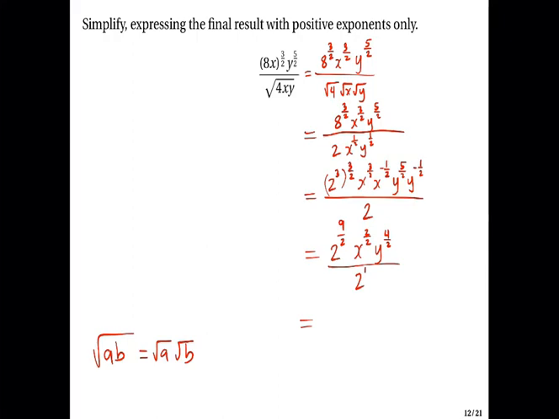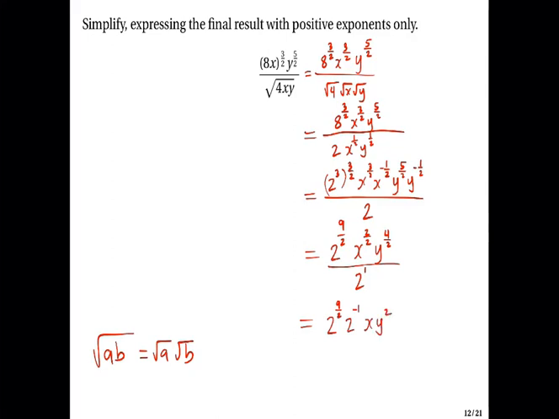So we bring these 2 up there, which means you will get 2 raised to negative 1 here. And then x raised to 2 over 2, that's just x raised to 1. So I'll just put x. Then 4 over 2, that's 2. So I'll have y squared.